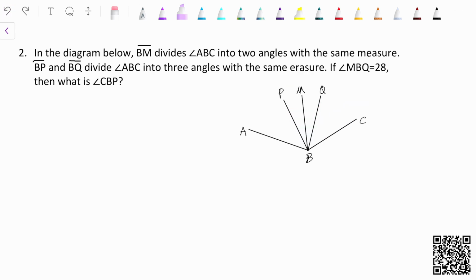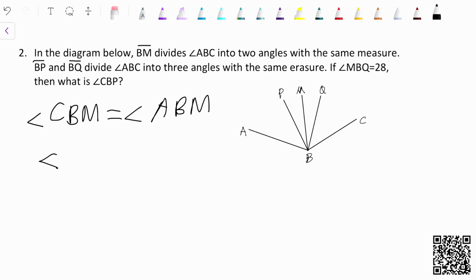Therefore, angle CBM is equivalent to angle ABM, which is also therefore, because of the other term given by the problem, ABP is equivalent to angle CBQ.